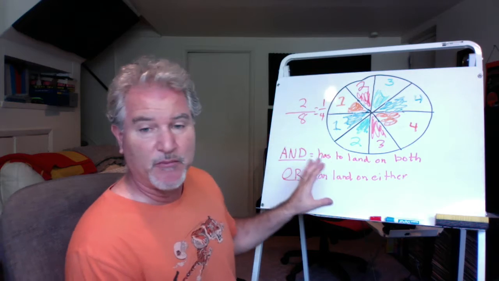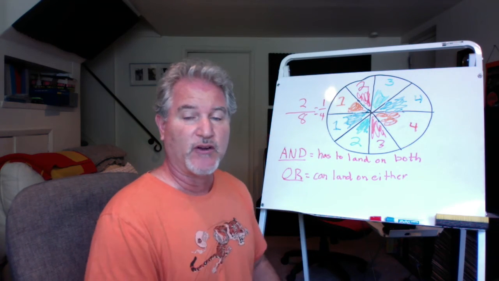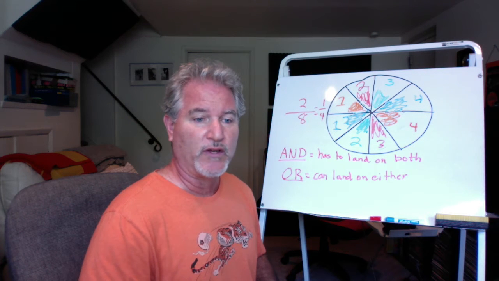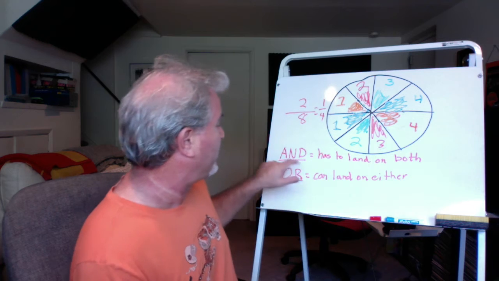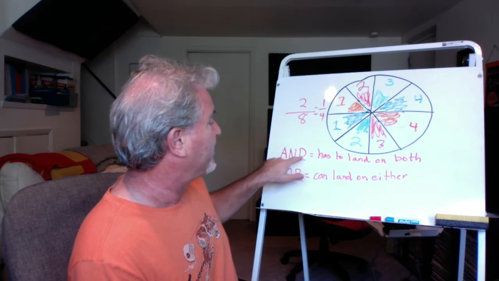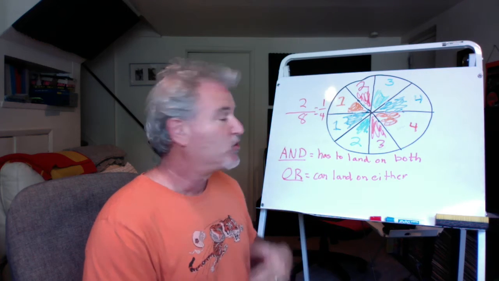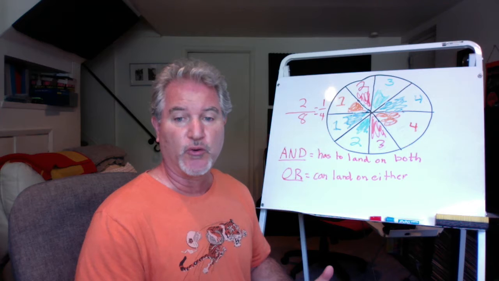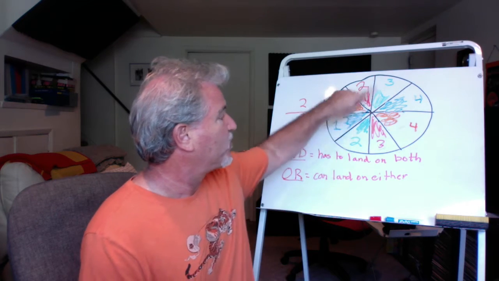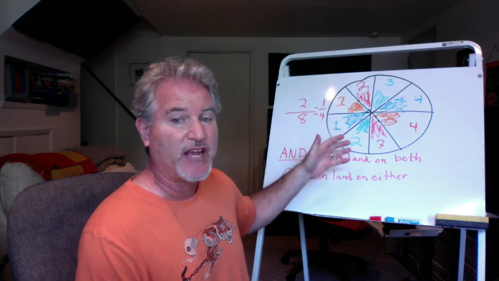This is the important thing to remember, and if you want to write this down so you don't have to look back at the video when you do the assignment: when you see the word "and," that means it has to do both things at the same time. If I say it lands on a green and a 2, that doesn't mean it could be greens or 2s. It means it has to be a green and a 2 at the same time.